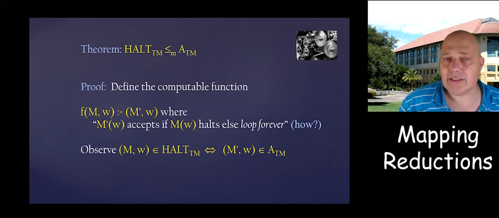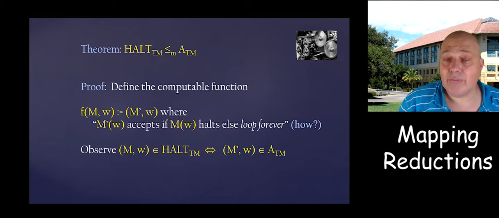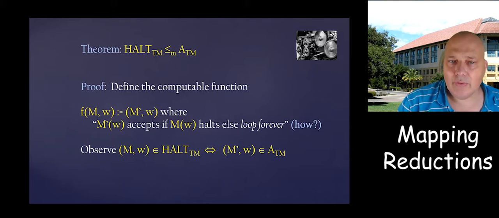If we can show such a reduction, then we'll have that MW is in Haltm if and only if M prime W is in ATM, and we get the construction we wanted. I'll give a hint about how to construct this M prime. M prime needs to accept if M of W halts and else run forever. This is even easier than before. M prime would simulate M on W, on the same input.